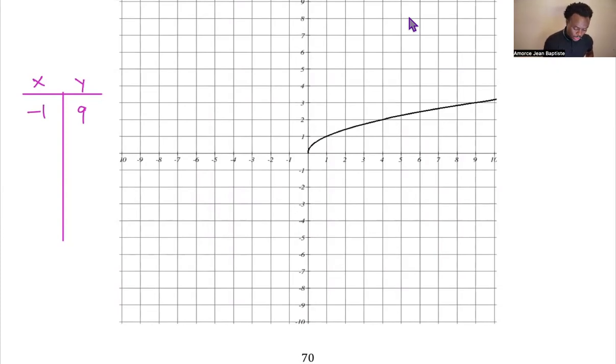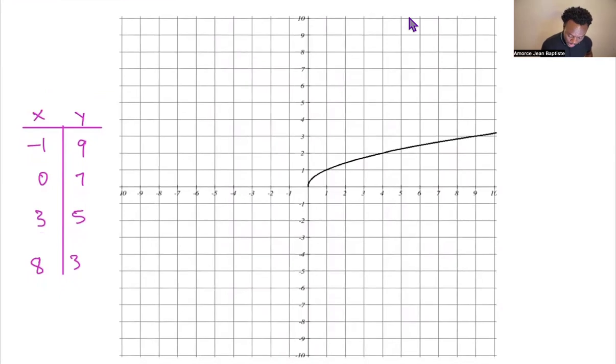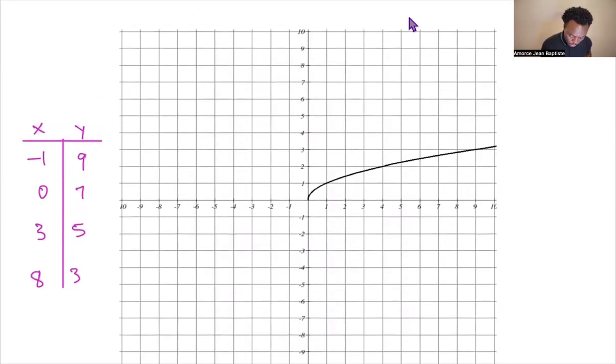I got -1, 9; 0, 7; 3, 5; and 8, 3. Now I'm going to plot these values. x equals -1, y equals 9. x equals 0, y equals 7. x equals 3, y equals 5.